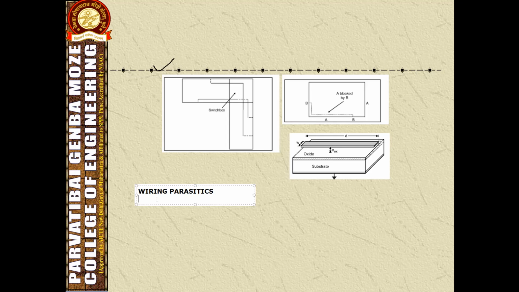Consider a wire shown in this figure, which has width W, distance D, and a material layer with height H, and parasitic elements include the resistance and the capacitance. This is the geometrical structure of the wire.